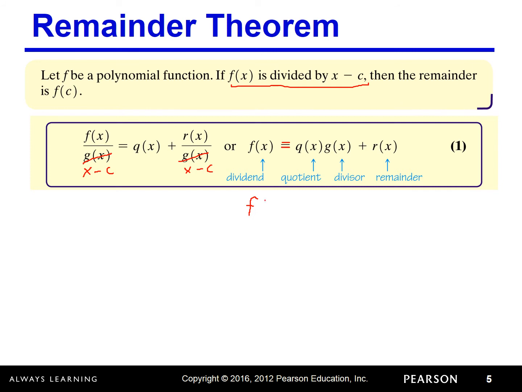Well, for g of x equal to x minus c, we have f of x equal to q of x times x minus c plus r of x.